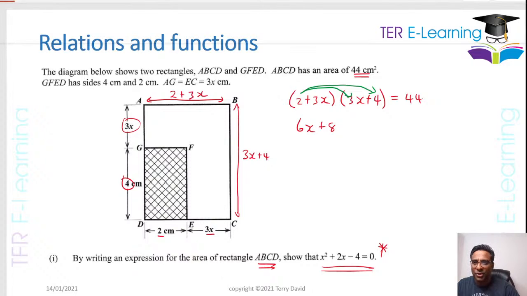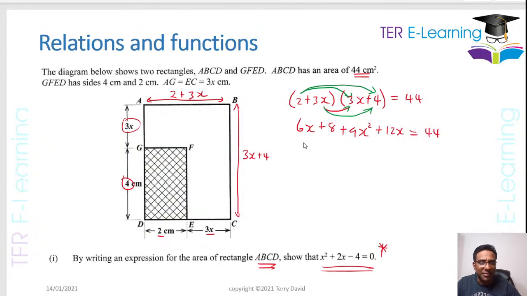The next thing we're going to do is multiply this 3x by everything in the second bracket. So that's 3x by 3x and then 3x by 4. Now, what is that going to give me? 3x by 3x will give me 9x squared, and then 3x by 4 is going to give me 12x, which is going to give me 44, right?